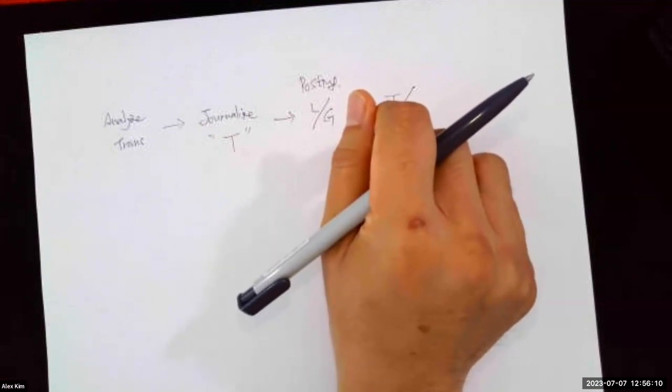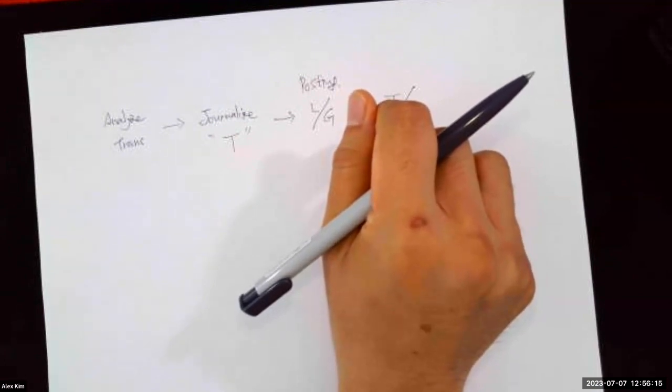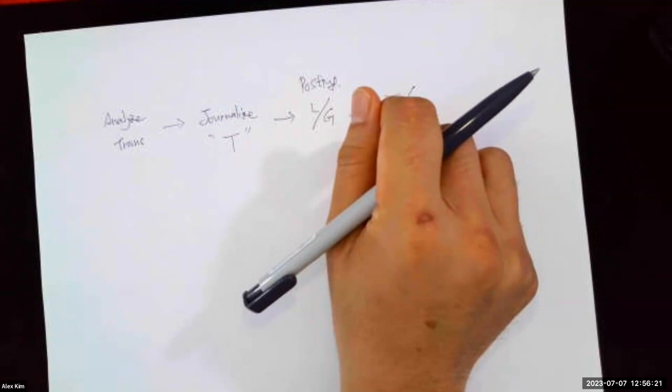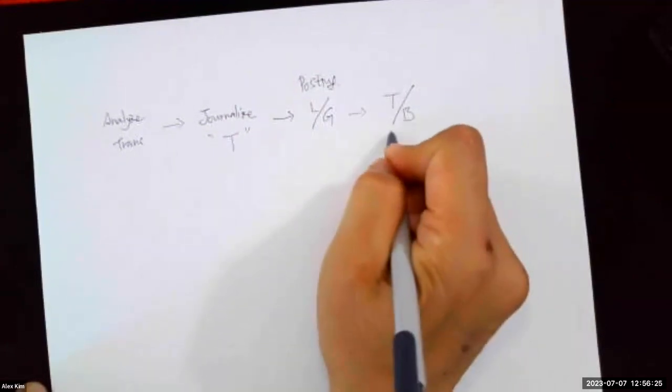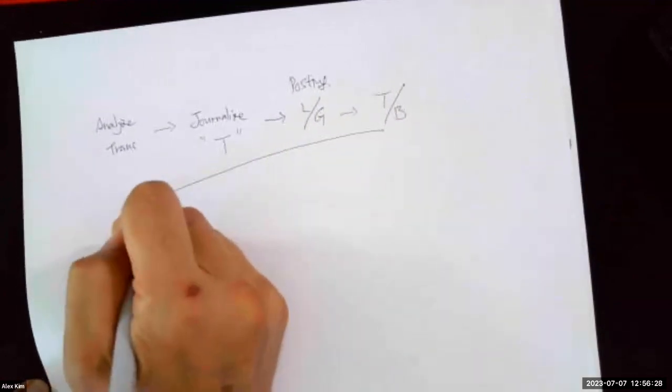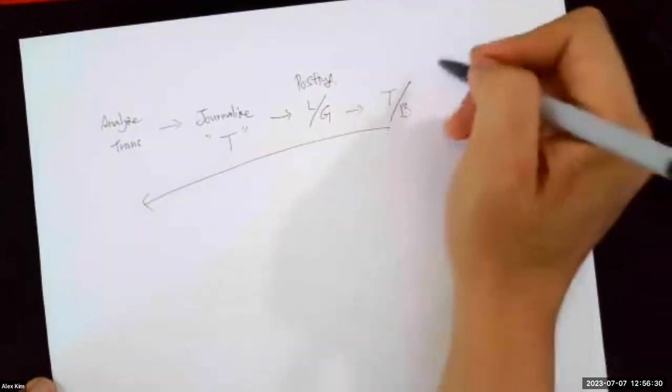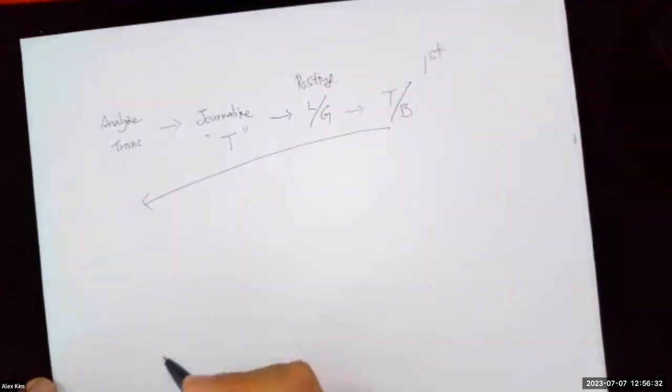Like the value of equipment, the value of long-term assets we purchased at the beginning of the period. The value is not the same. So we decided to analyze again to correct the numbers from the first version of the trial balance.